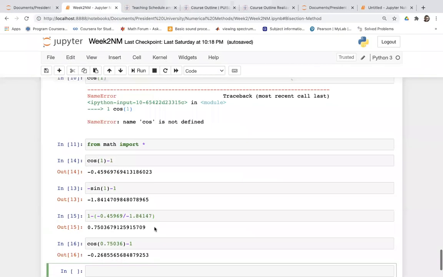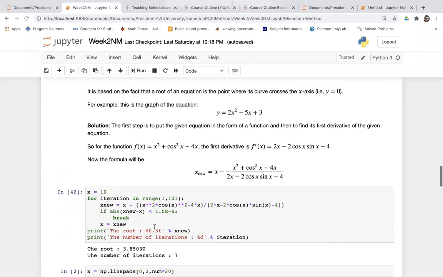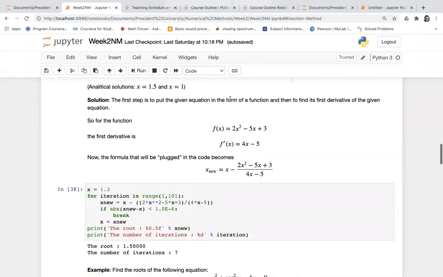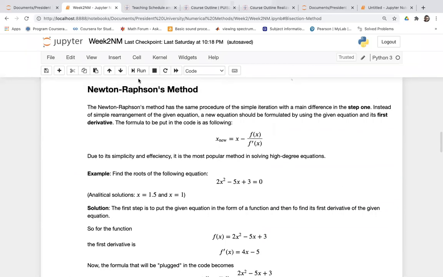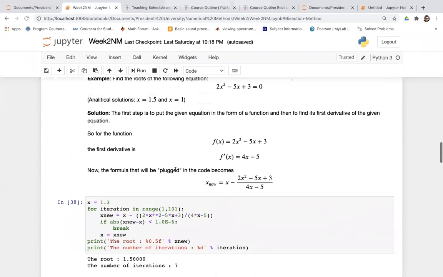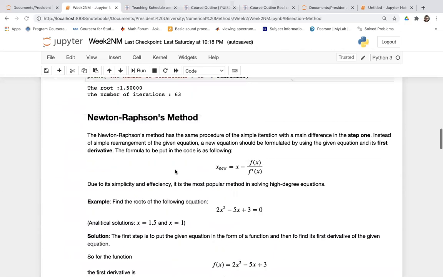Now, let's see the program. Here, this is the Newton method, yeah? Newton or Newton-Raphson method. This is the syntax of the program.